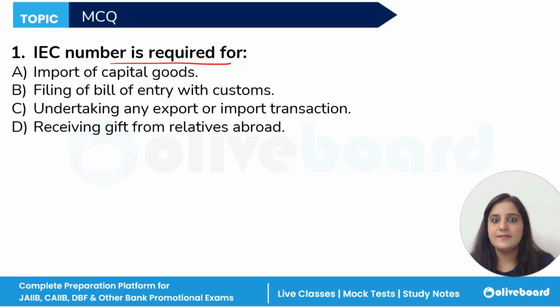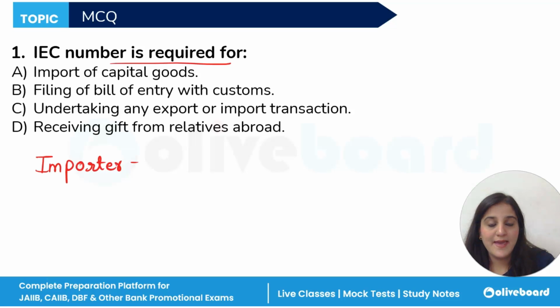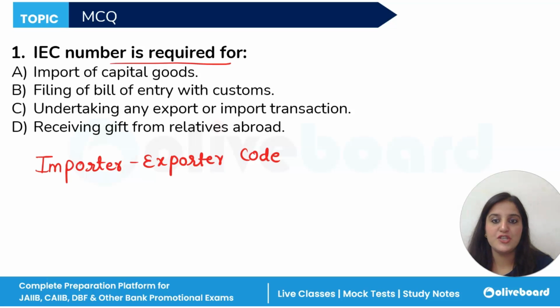Basically, IEC full form is Importer Exporter Code, and we can say it is a unique 10-digit identification number granted by the Directorate General of Foreign Trade to an importer or exporter in India.